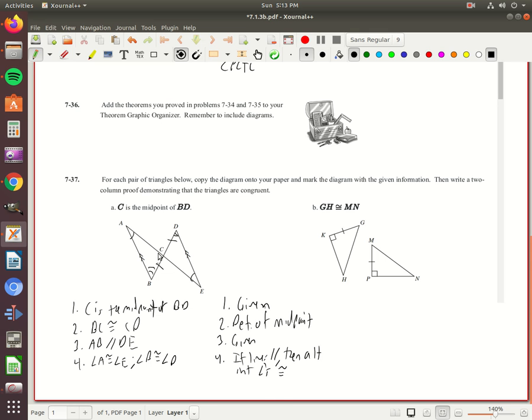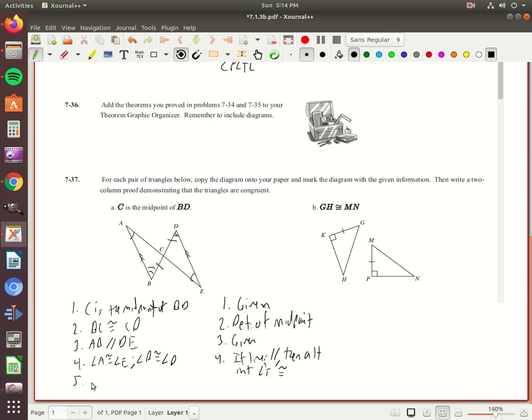Now think about it. I ignored the obvious vertical angles right here. So if you wanted to do vertical angles there, you could have, and at that point you could have done angle side angle or angle angle side. I just ended up proving angle angle side.